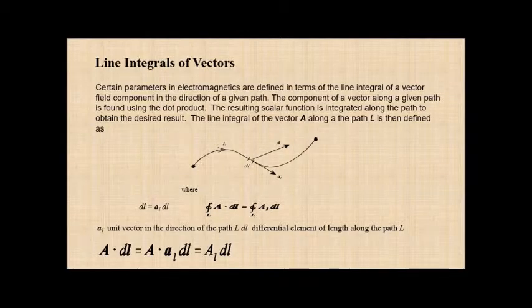The line integral of the vector A along the path L is then defined as the integral of A dot dl, where dl equals al dl, al is a unit vector in the direction of the path L, dl is the differential element of length along the path L, and A dot dl equals A dot al dl.